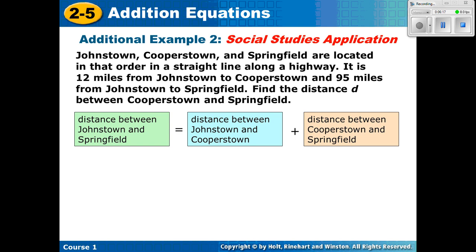It is 12 miles from Johnstown to Cooperstown and 95 miles from Johnstown to Springfield. Find the distance, which is D, between Cooperstown and Springfield. So please pause the video and try to work this out now that you have the words on there. Distance between Johnstown and Springfield should equal the distance between Johnstown and Cooperstown plus the distance between Cooperstown and Springfield.